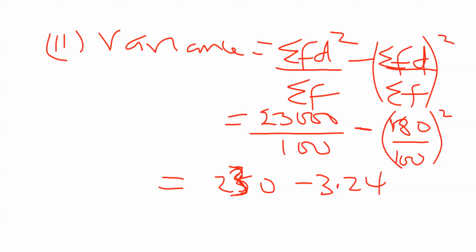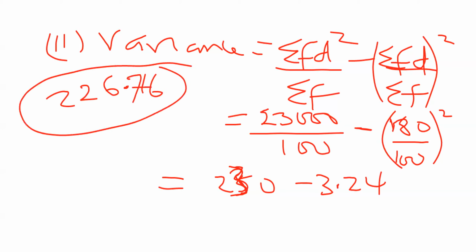And from all indication, when we do our subtraction, we are getting 226.76. So that's the value for variance. Is that clear?